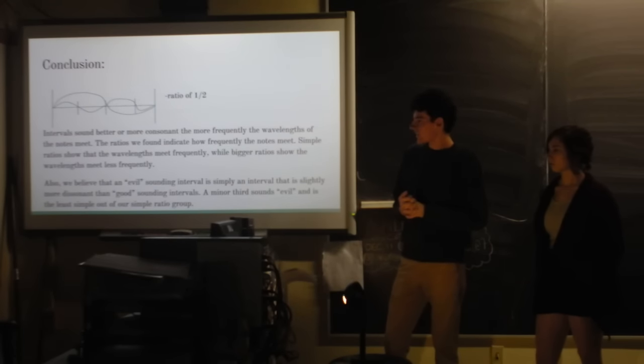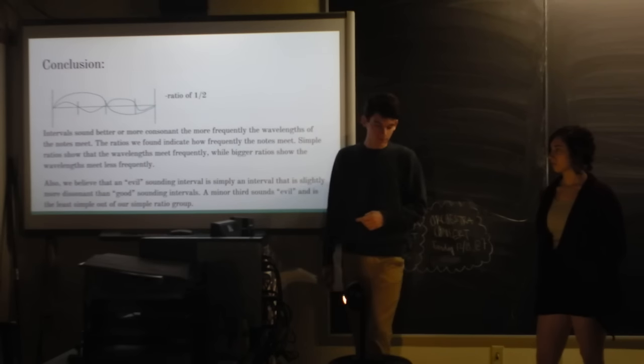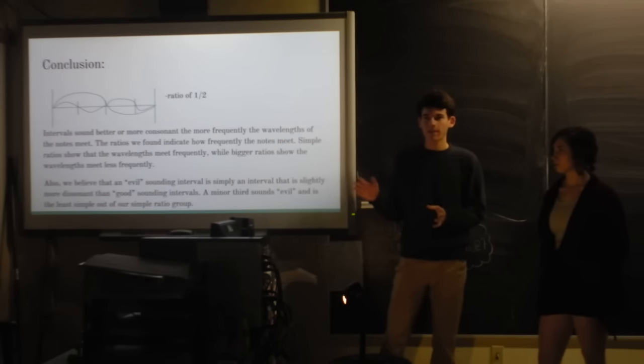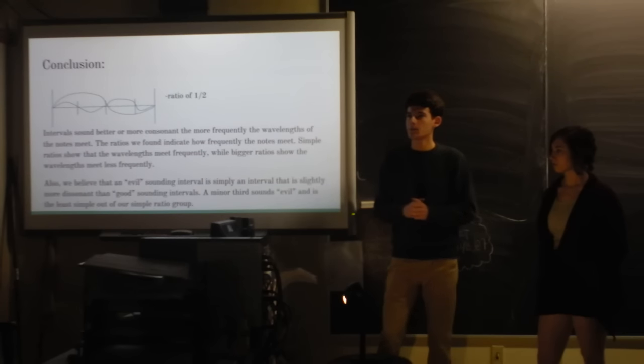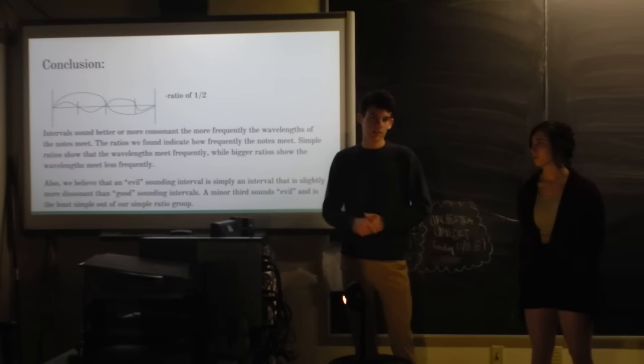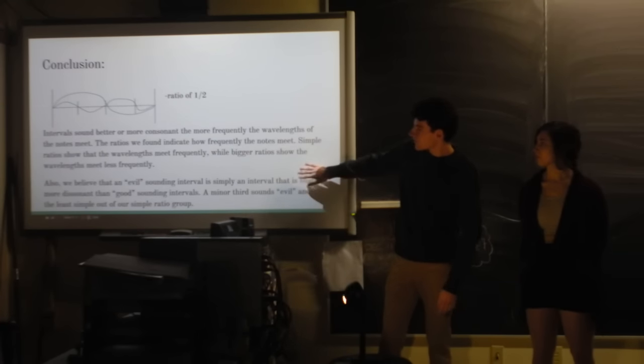We noticed that the ratio for that interval is in between the simplest ratios and the most complicated ratios. So we thought maybe the evil sound comes from being in between: it's not entirely consonant, it's not entirely dissonant. I think that's it.